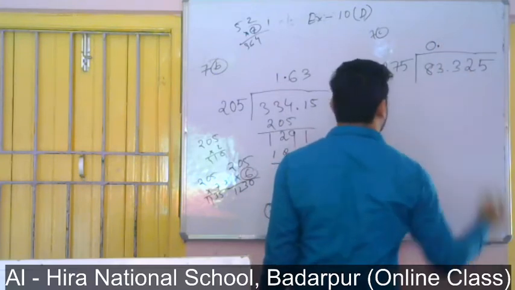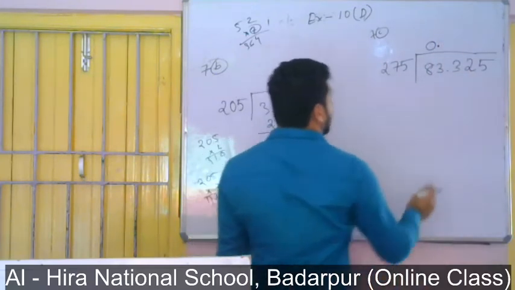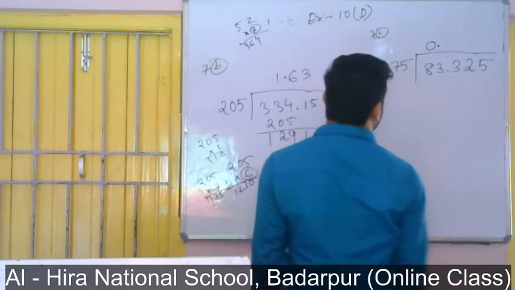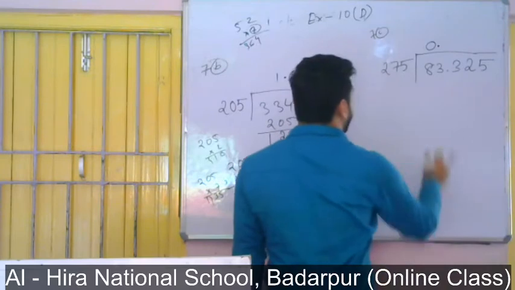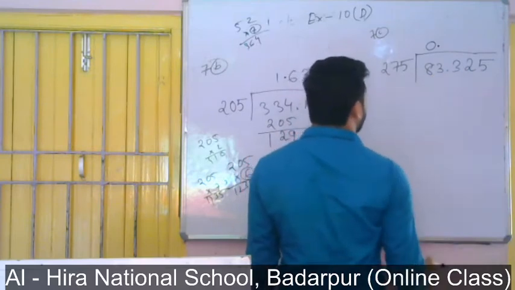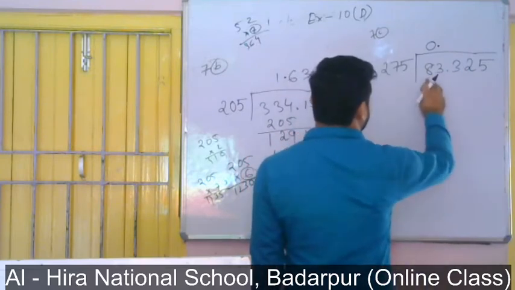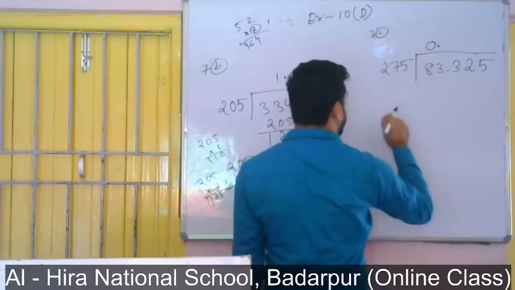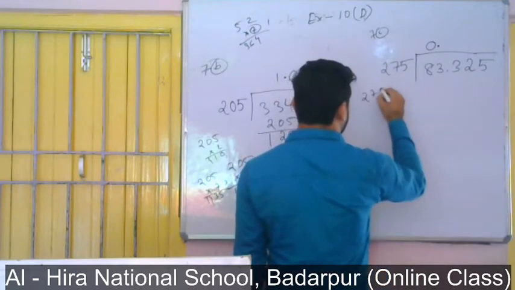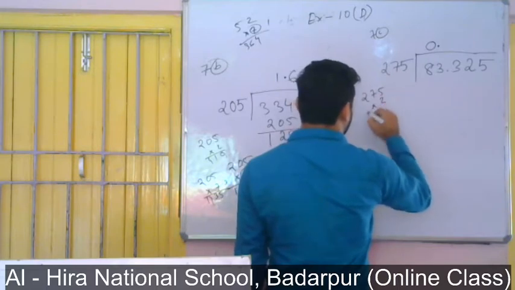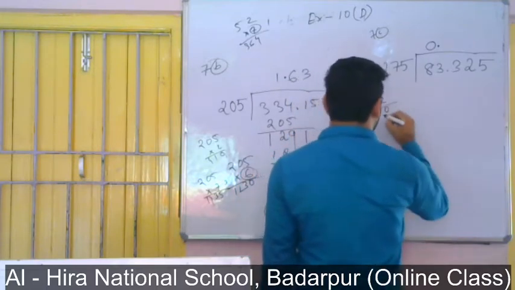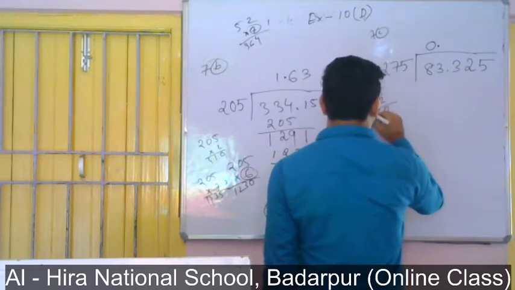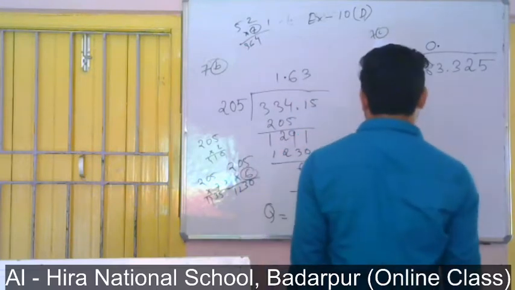0 point. Now we shall take 3. If I take 3, then it is divisible. It will become 833. So let us check for 833. 5 2s are 10, 7 2s are 14, and 450.